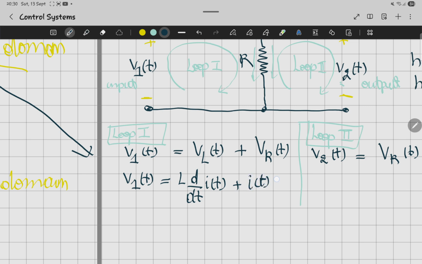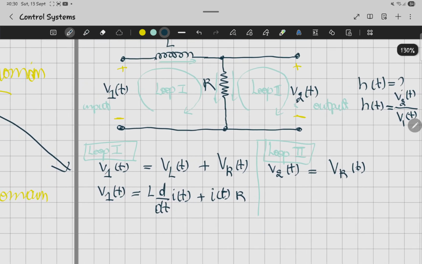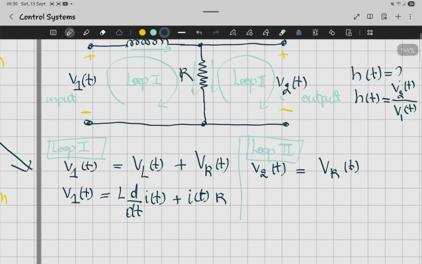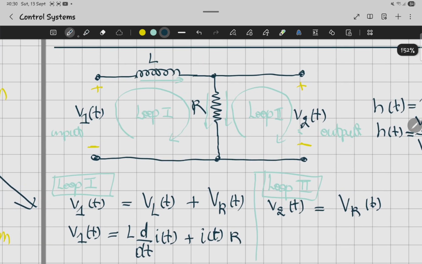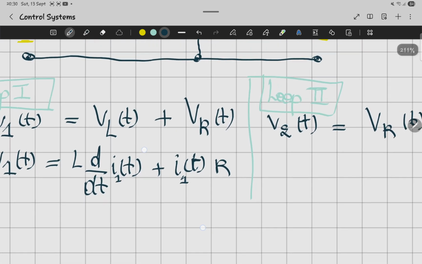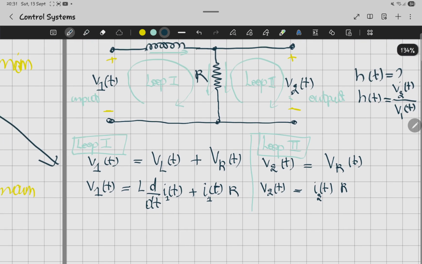So it's going to be this one times R. If I want to go further, and remember, since this one is loop 1, the current is going to be, I'm going to write it in that way. And for the second loop, we get V2 equal to I subscript 2 times R.